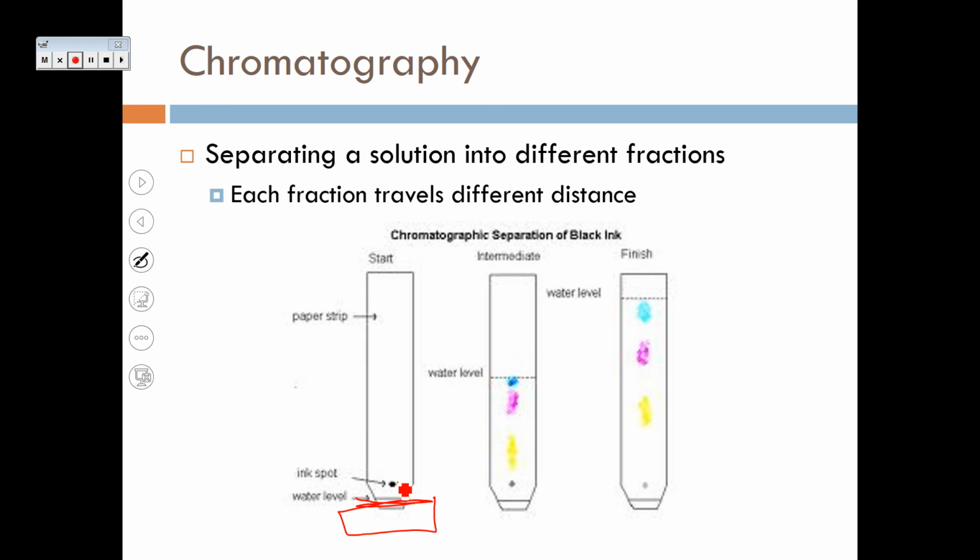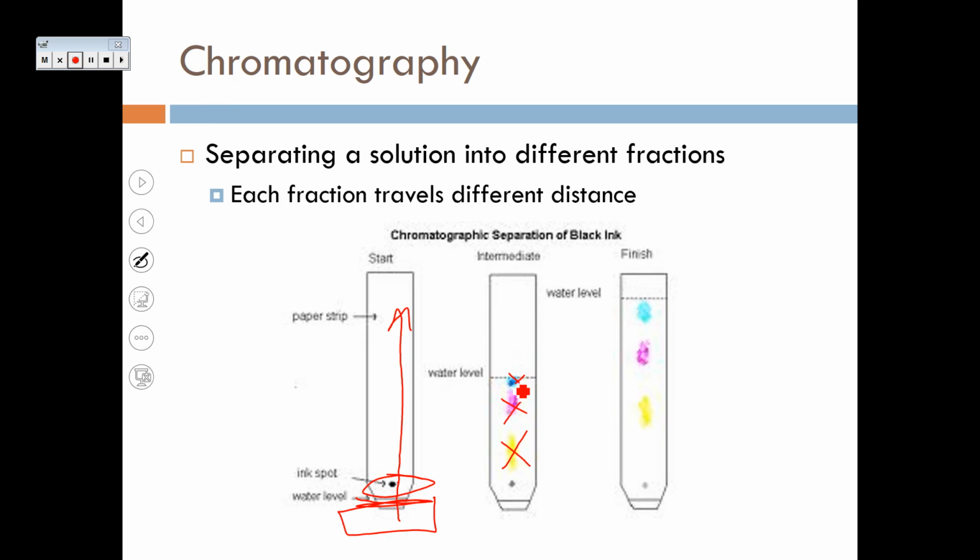And what happens is that the water will start to migrate towards the end of the strip. As it migrates, it dissolves the ink spot, and then each fraction of the ink spot comes out of solution at different distances.